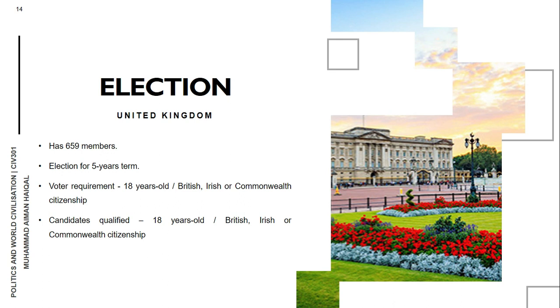Qualifying electors in the United Kingdom are residents of the United Kingdom, Ireland, or the Commonwealth and must meet other criteria such as being 18 years or more.